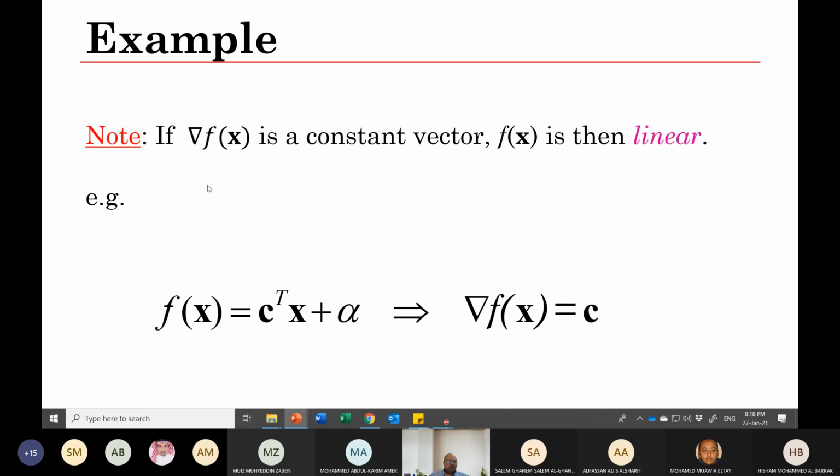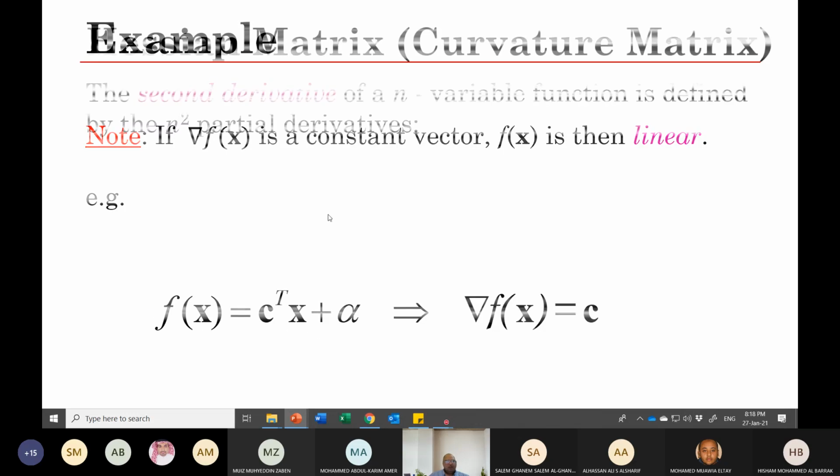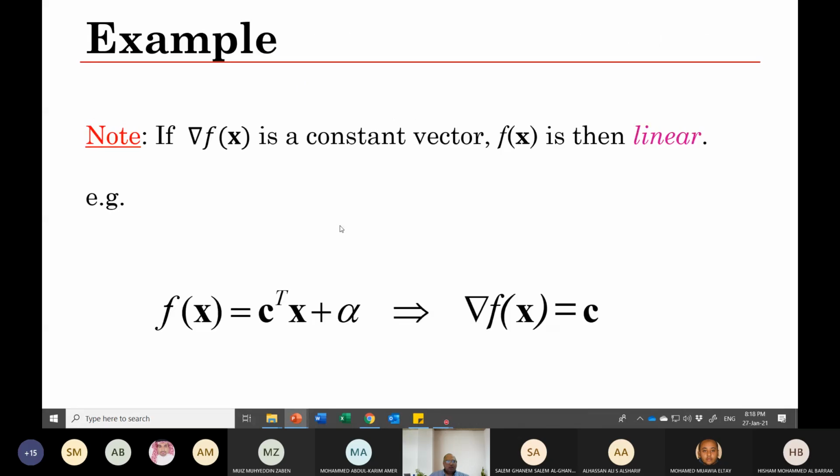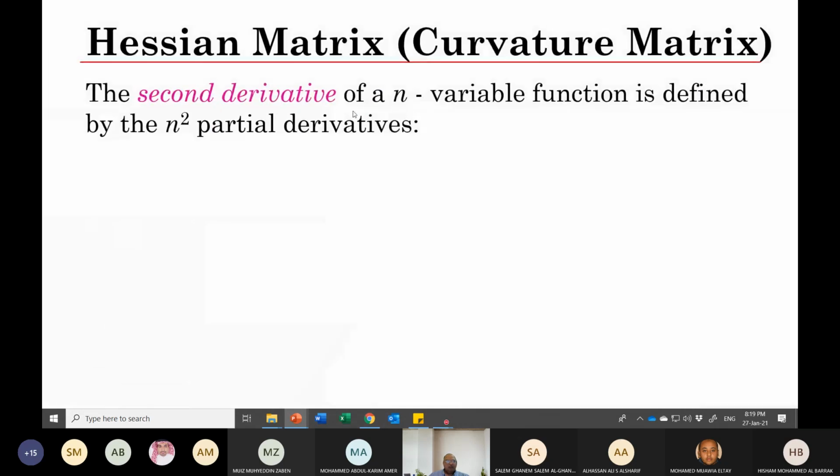Usually this is trivial. If the gradient is constant, it means the function is linear, a function cx plus alpha. And if the second derivative is constant, then the first derivative is linear, and the function is quadratic in this case.